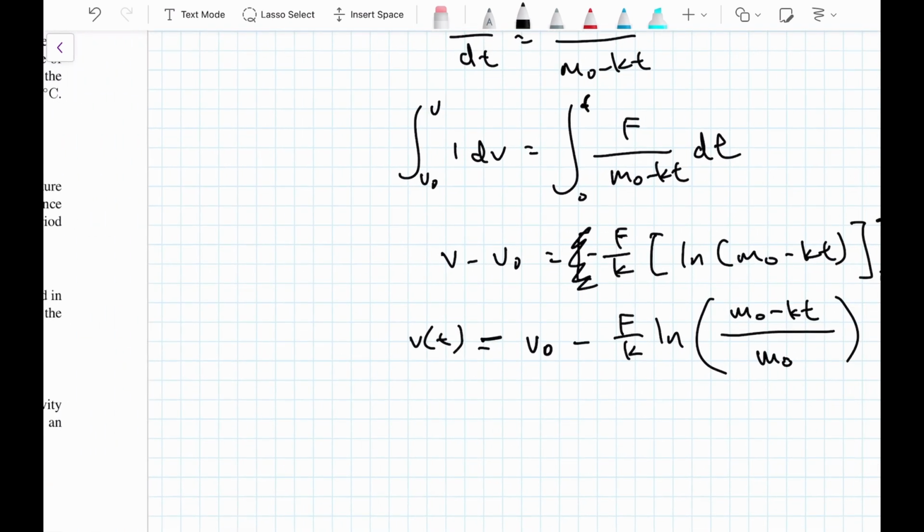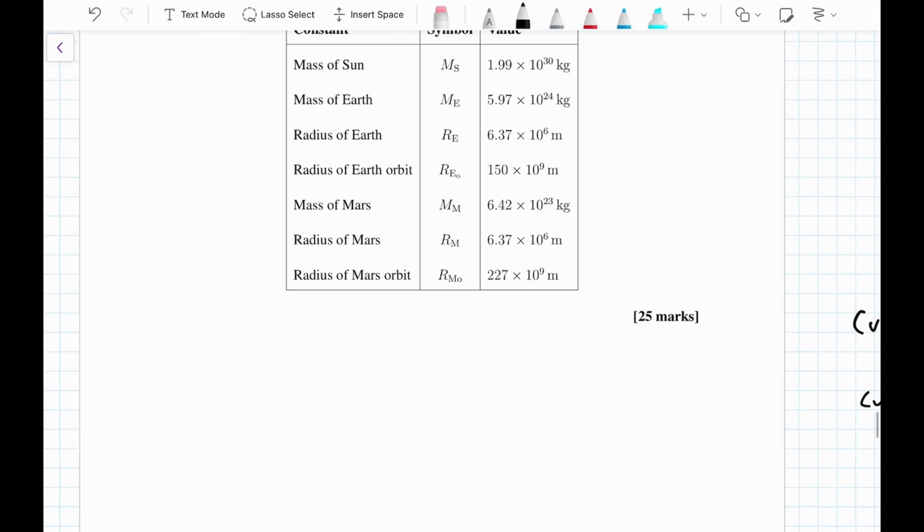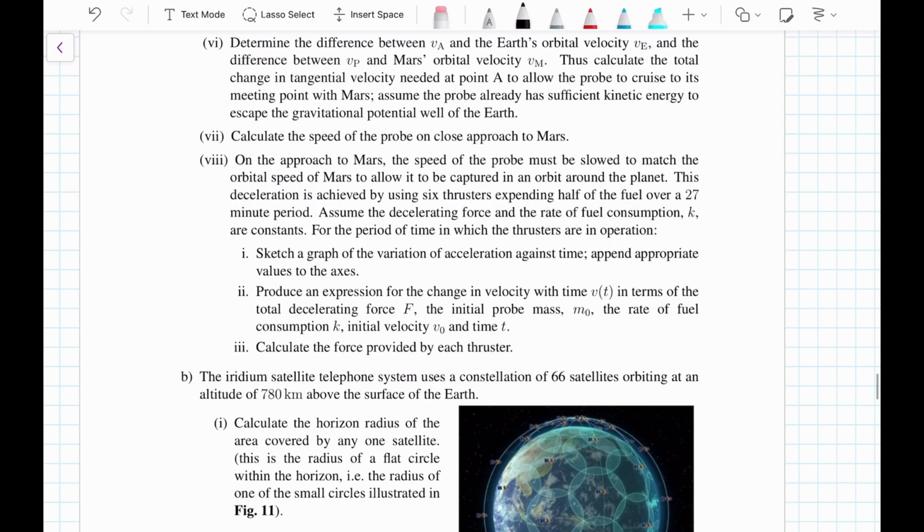Now, let's see the last part. The last part just wants us to calculate the force provided by each thruster. This is the deceleration achieved by using 6 thrusters expanding half the foil over a 27-minute period.